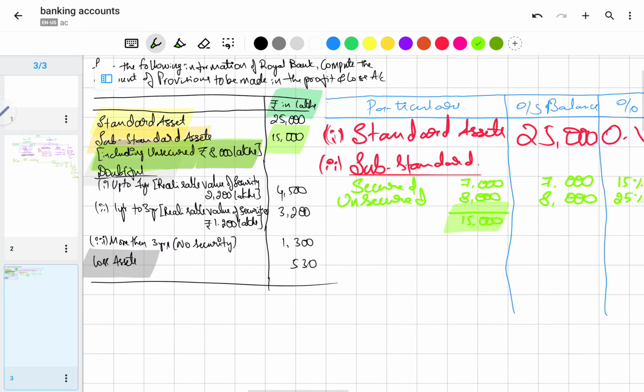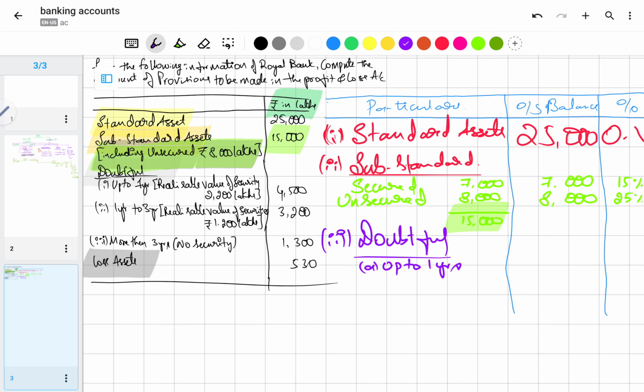Then we have doubtful, the third one. Under doubtful, up to 1 year. Here again, the realizable value of securities is given.